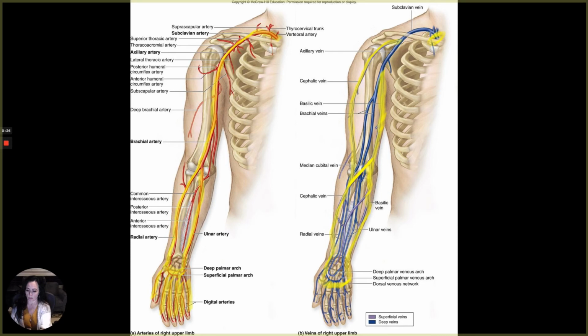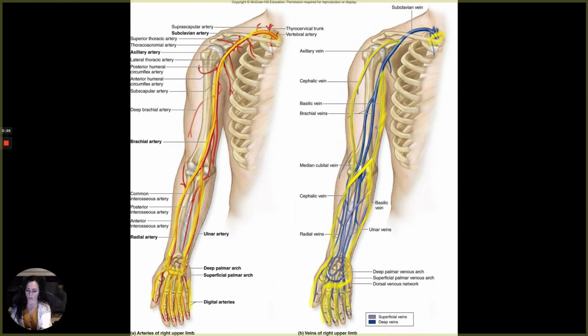Okay, but we have more drainage to do because we also have deep drainage in the arm, the forearm, and the digits. So let's figure out how that goes. If I wasn't doing superficial blood flow, like to the skin, but deep blood flow, like to the muscles all the way in the fingers and the muscles running in the arm and forearm, how would that go? Well, that goes digital veins to some arches.